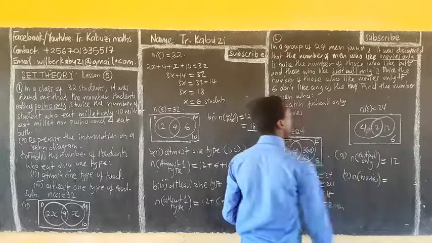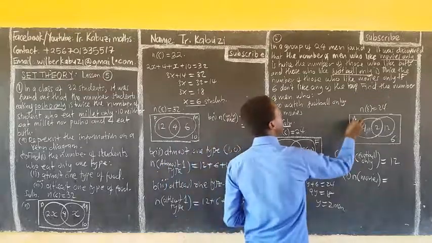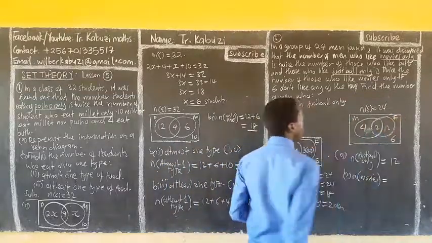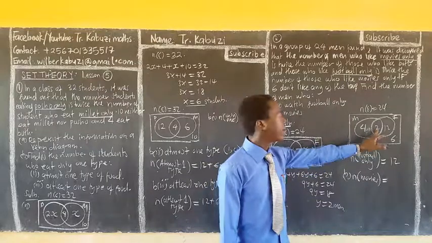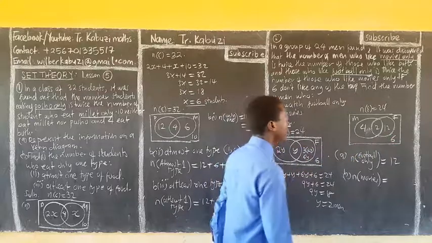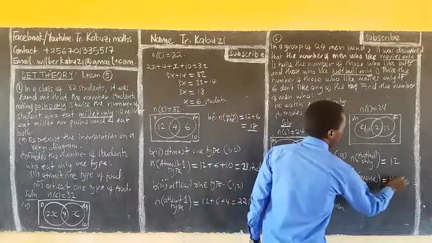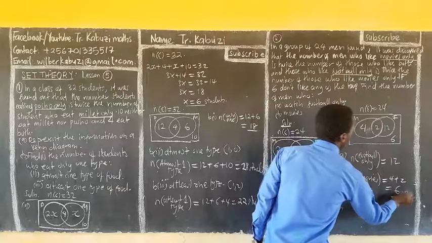They are not putting the word only. So they are just wanting the number who are watching movies. They are not putting the word only. Meaning that those who are watching movies are 4 plus these 2 who are watching movies but also watch football. So be careful with the word only. So this will be 4 plus 2, which will be 6 men.